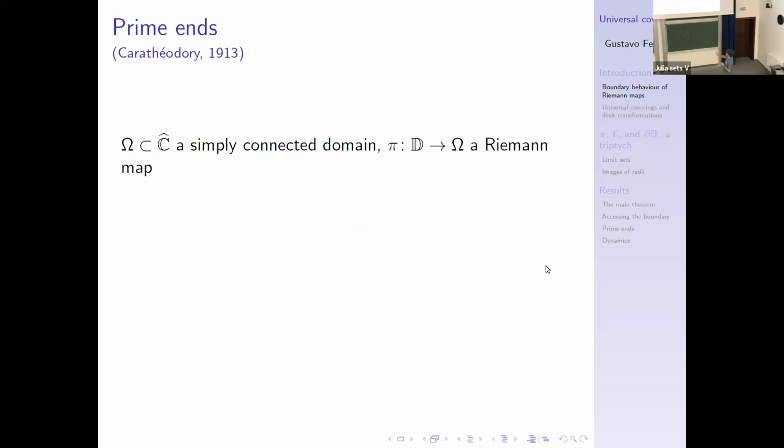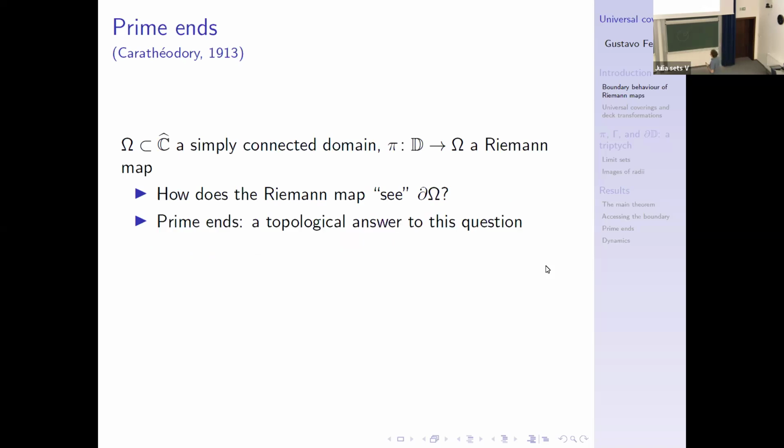And there's also something else, which is a very deep theory of what's called prime ends, which was developed by Carathéodory in 1913. Right, so which is basically, how does the Riemann map itself see, in air quotes, the boundary of omega? I'm not really going to talk about the definition of prime ends because that's a whole other talk, right? But it's basically a topological way to answer this question.